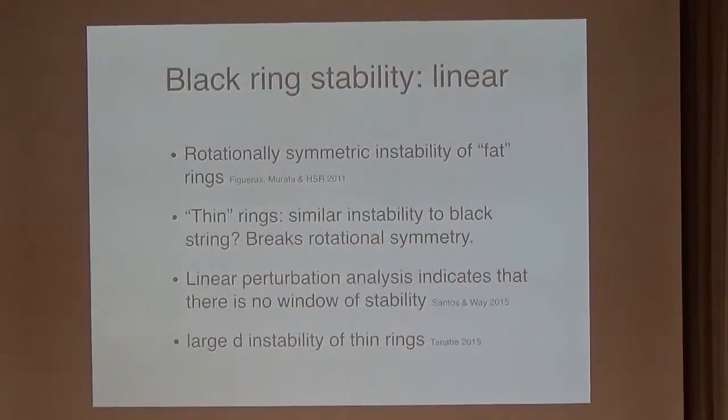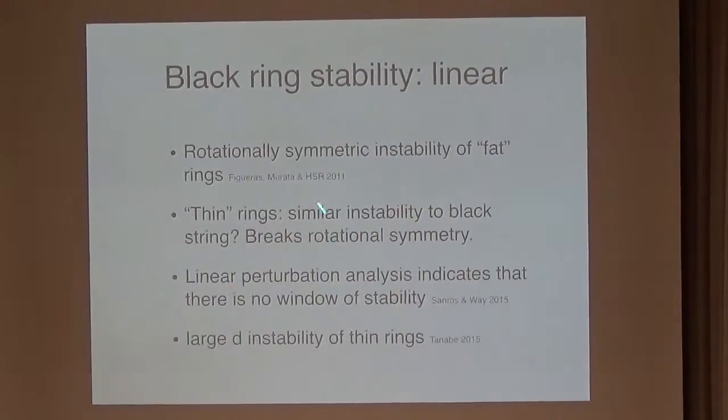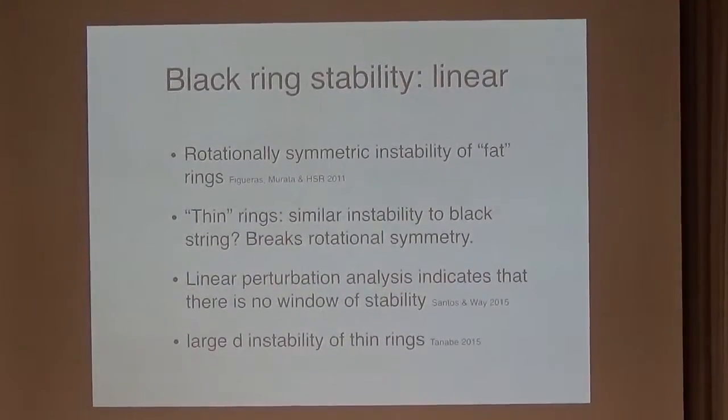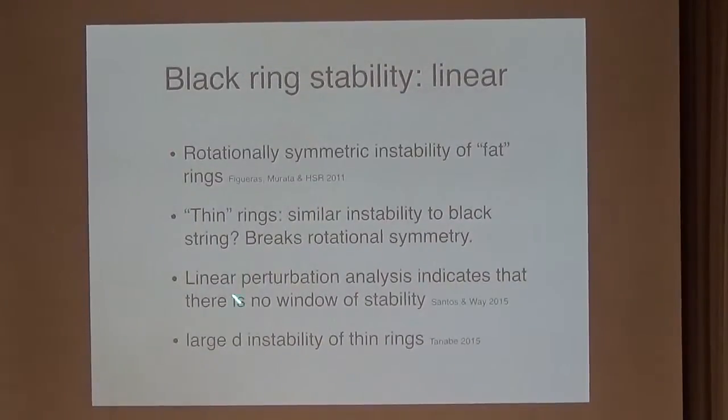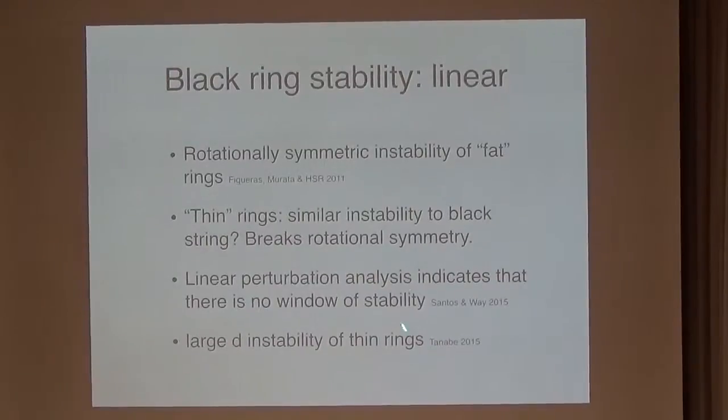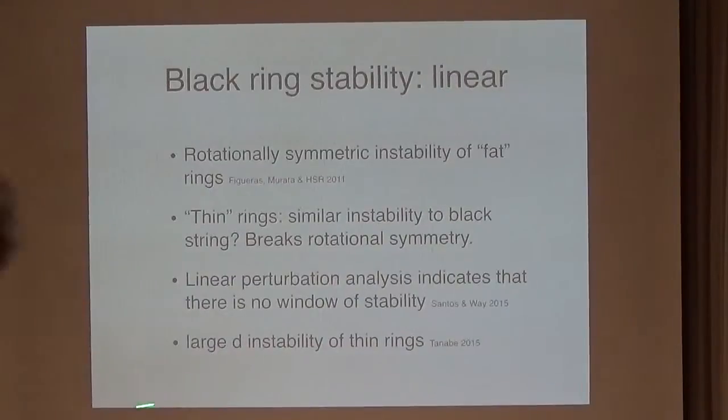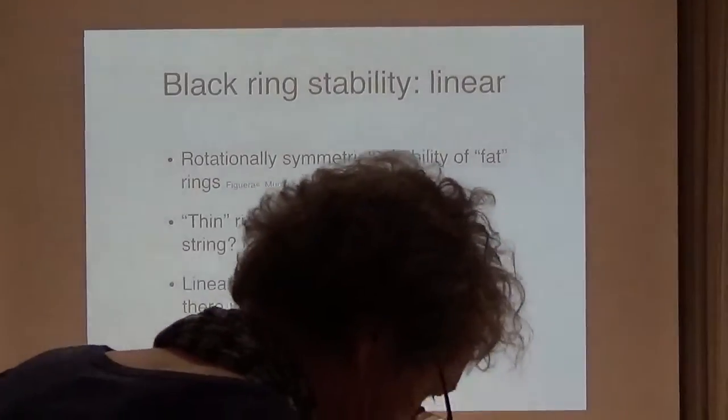And their results show that, in fact, there is no window of stability, and all vacuum black ring solutions are classically unstable at the linear level against perturbations that break the rotational symmetry. There's also been work using this large D approximation to study the stability of black rings, where a similar kind of instability can be seen.